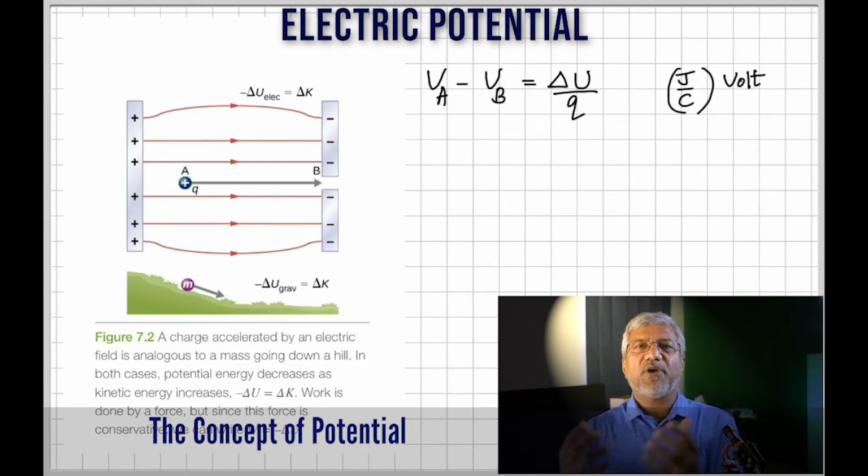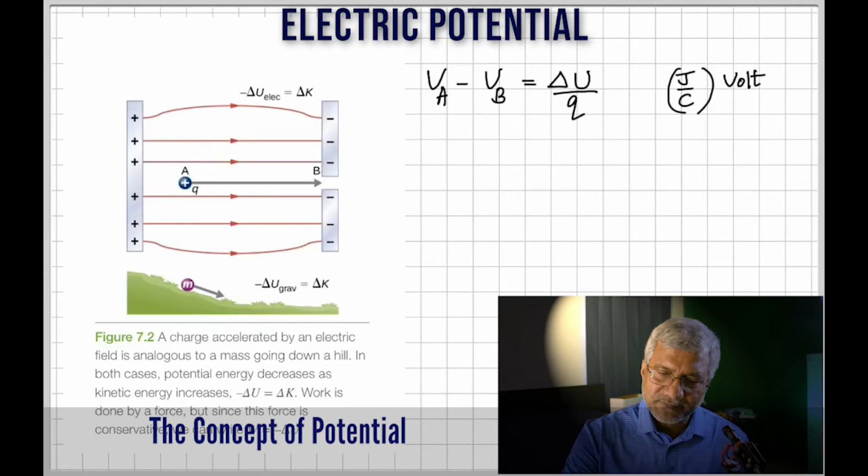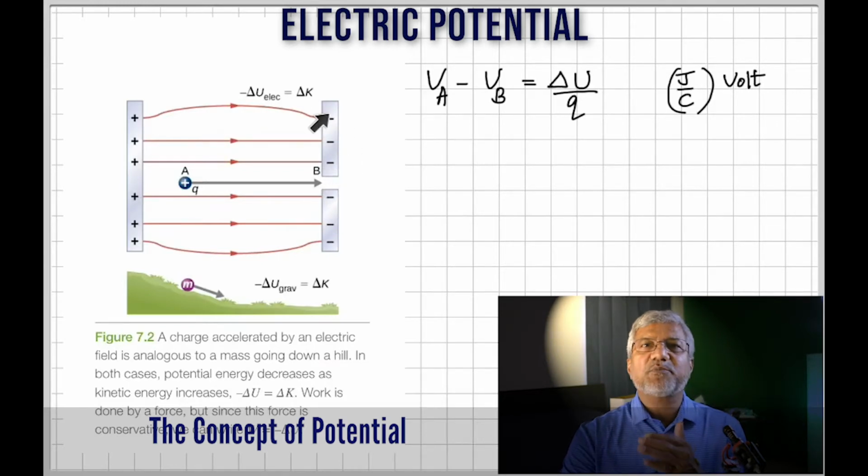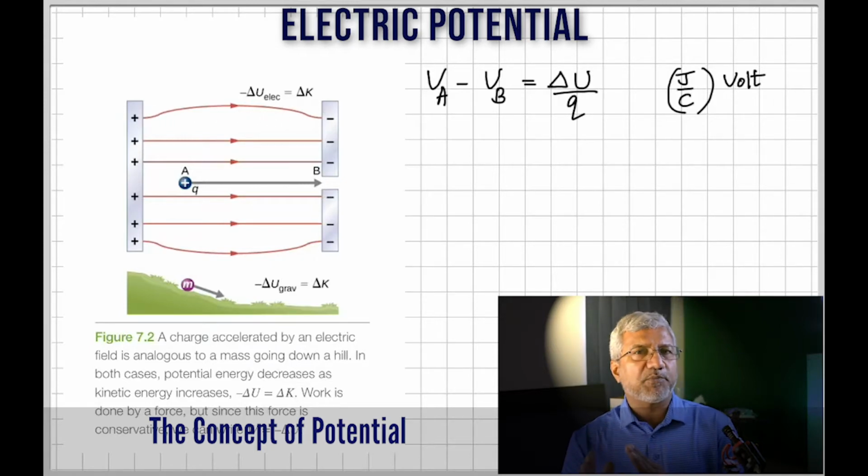What about if you have a negative charge? Which point is the higher potential energy point for the negative charge? Yes, the negative plate is the higher potential energy. Because if you let that negative charge be free, it would move by itself to the positive plate. So remember that higher potential energy for both positive and negative charges are not the same.